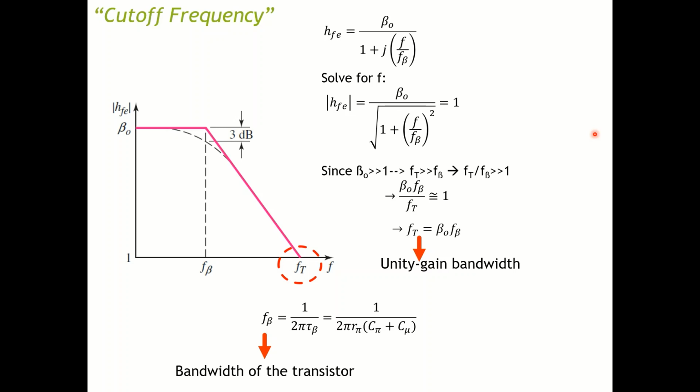In that case, the order of FT, the cutoff frequency, will be around 10 gigahertz. If you're operating your transistor in that region, then you need to put the parasitic elements into your model, because they will start counting.